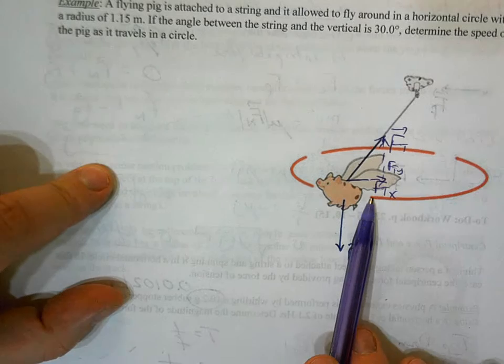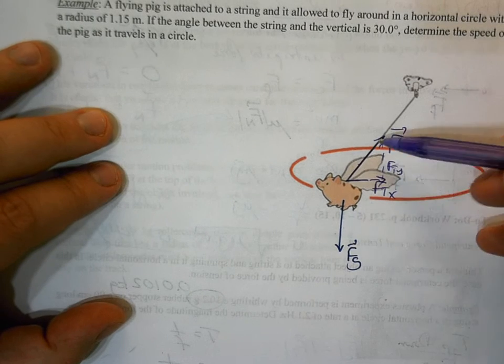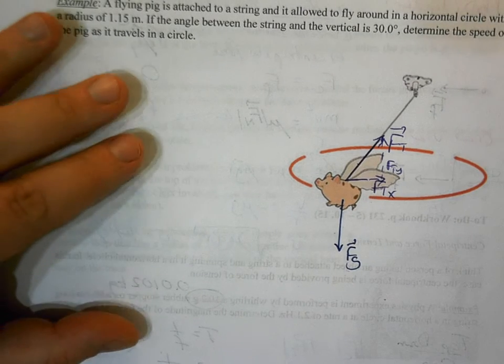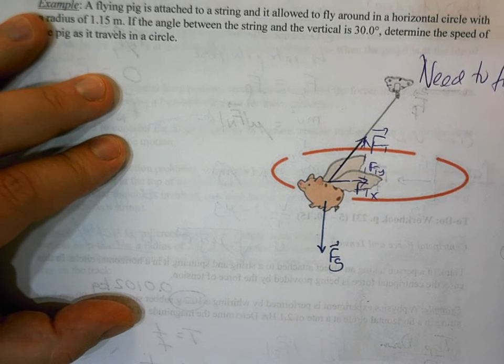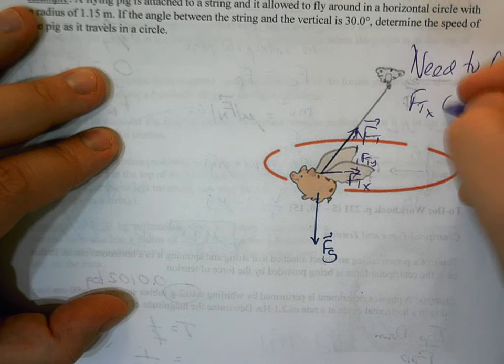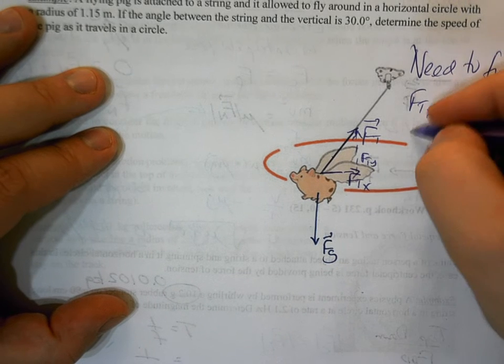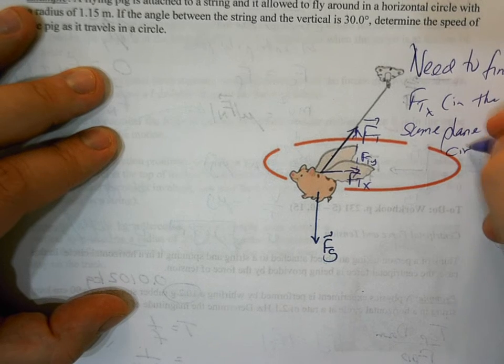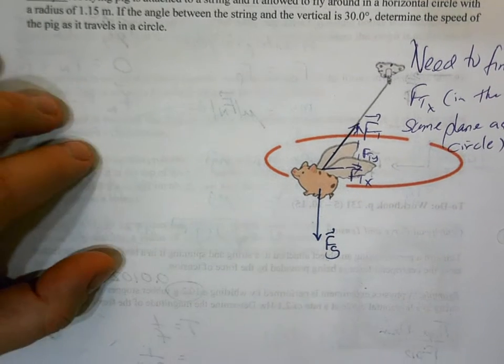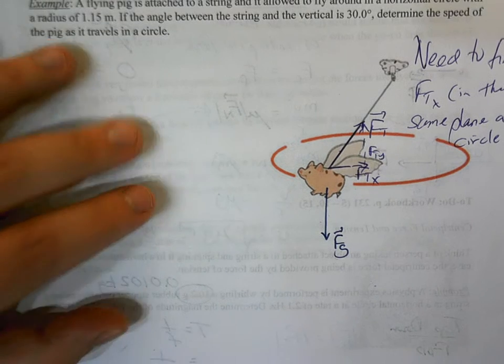What we need here is that component of the tension in the x direction that's in the plane of the circle. So we need to find Ftx because it's in the same plane as the circle. This is where our efforts are going to get a little bit complicated.